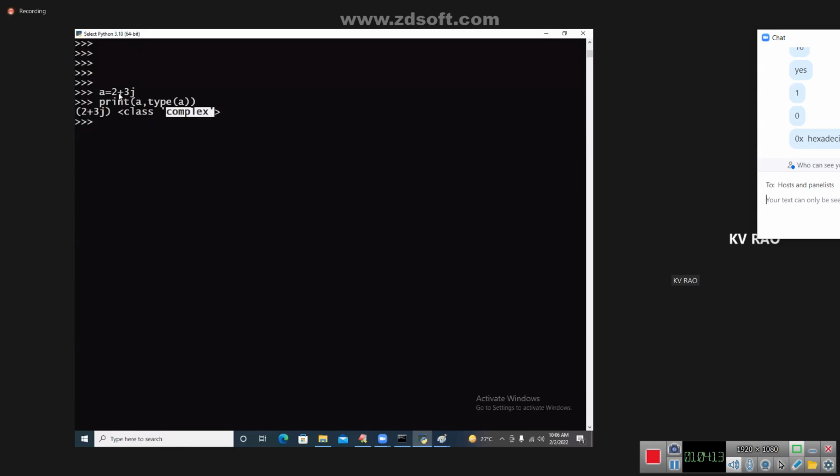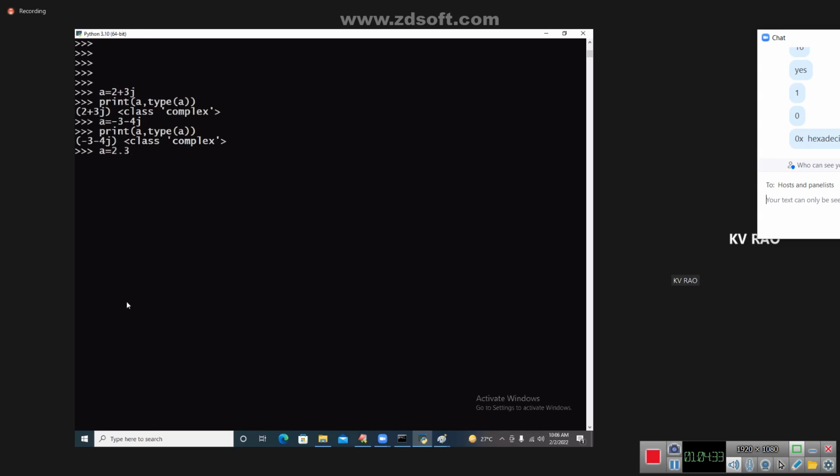Complex. See, 2 is an integer, 3 is an integer. I will take a is equal to 3 minus 4j, both of them negative values. Print of a, see that it is a negative value, negative integers and positive integers.